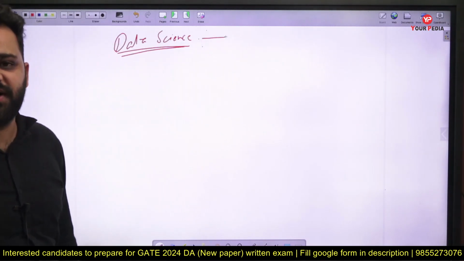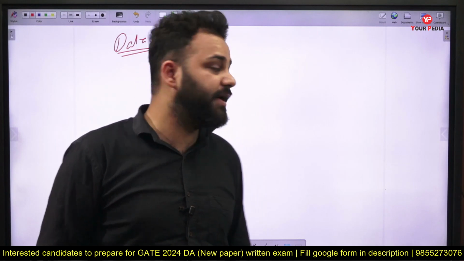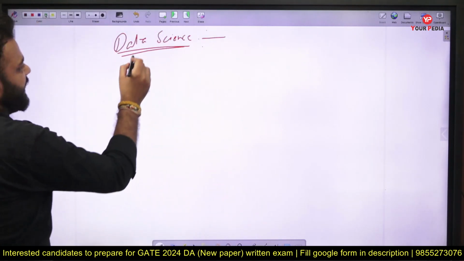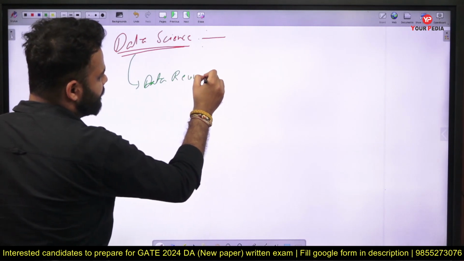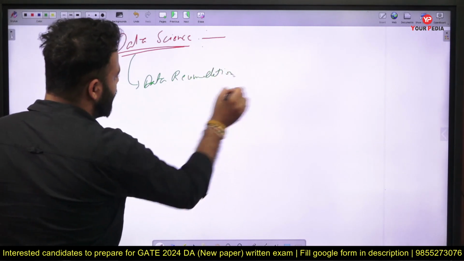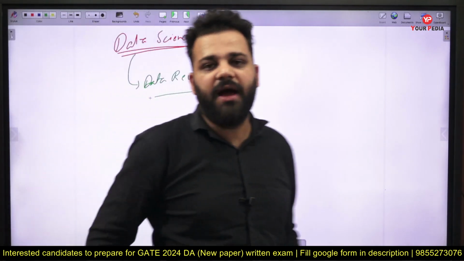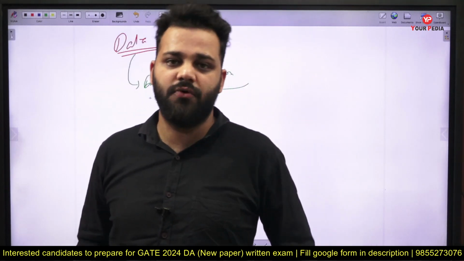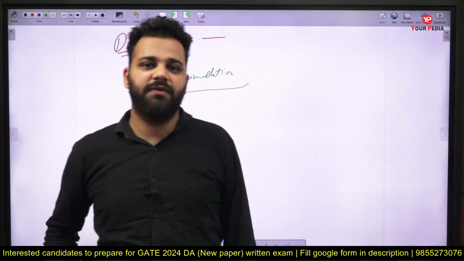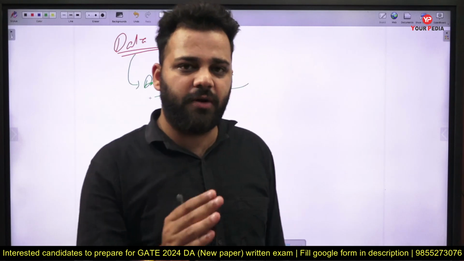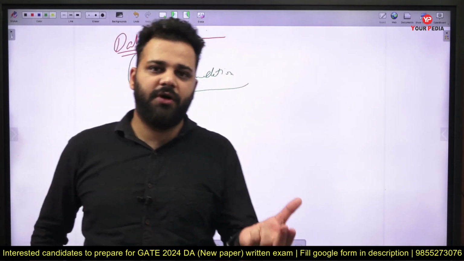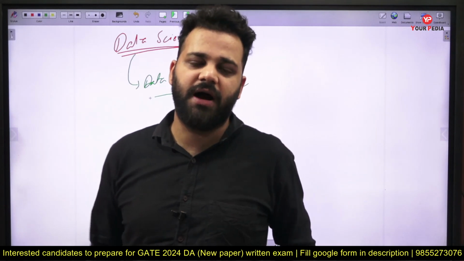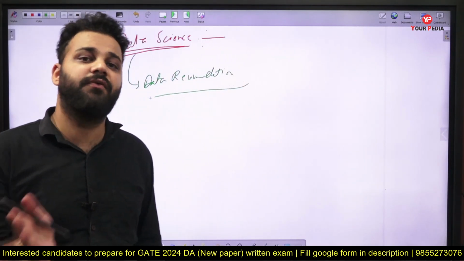What is the main purpose of data science? First let's take an example: data recommendation. You open Amazon and let's say you buy a phone. When you are checking out, you get a recommendation asking if you are interested in buying a phone cover.